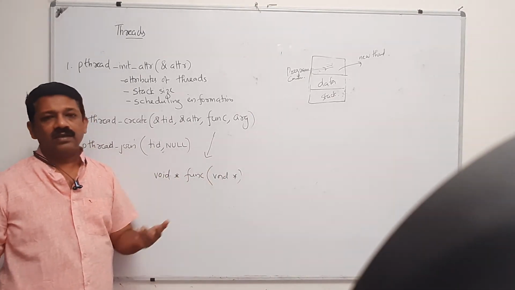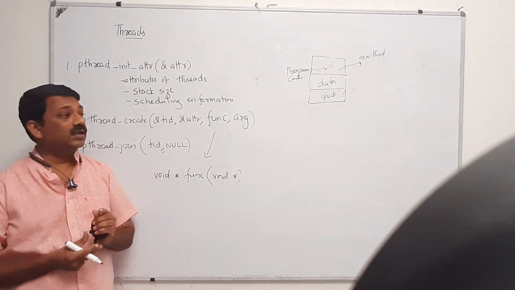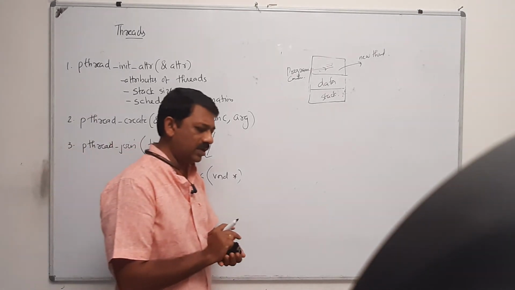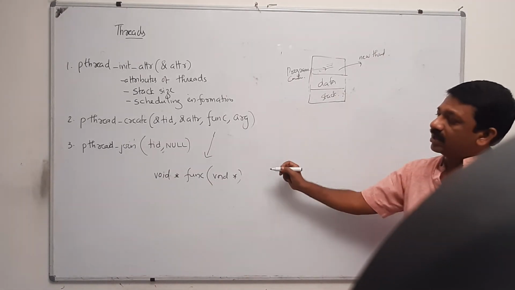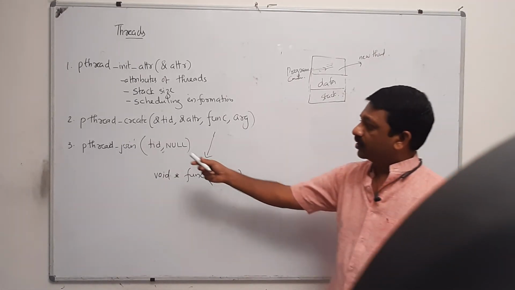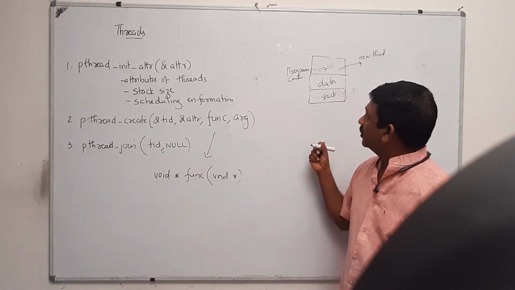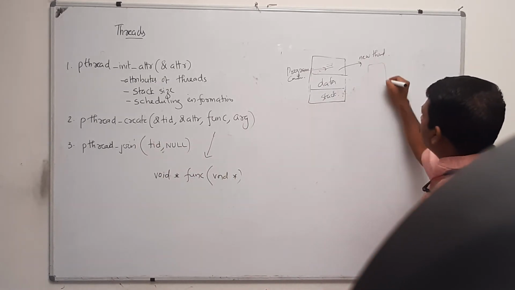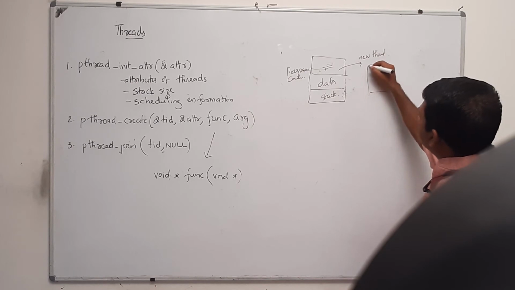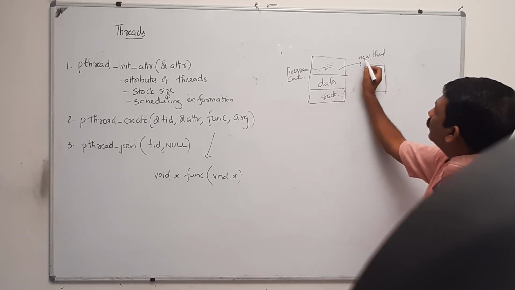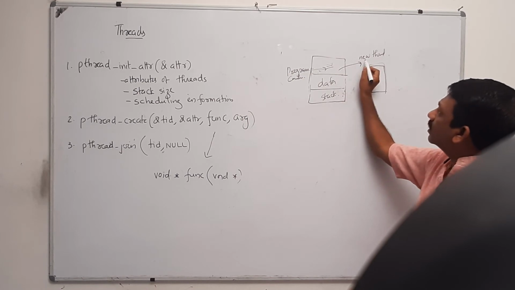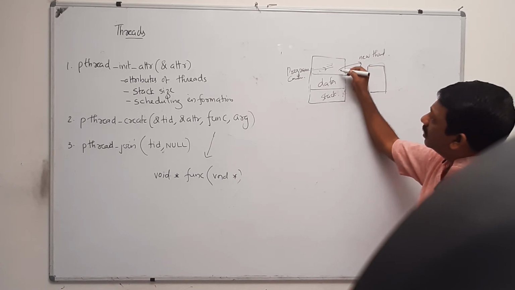That is given in your demonstration, I think example number 3. In that, this is for creating a thread, and this is the separate execution path.